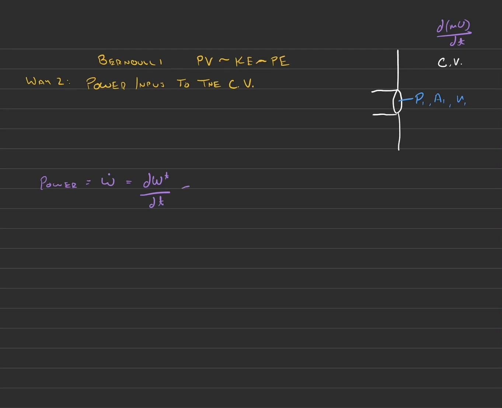Well, we know from general physics that work is going to be equal to F dx, a force times a distance, and we'll put the subscript 1 there, divided by the change in time to get to the power term. We know that the force at the inlet is equal to the pressure at the inlet times the area of the inlet.